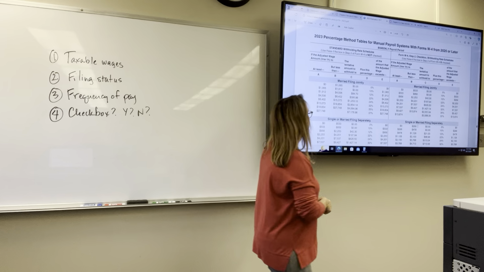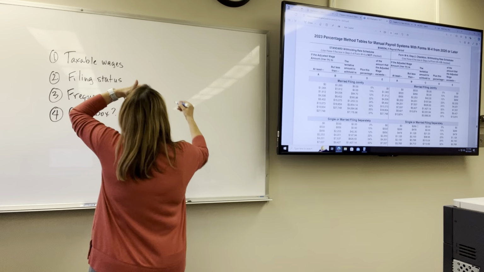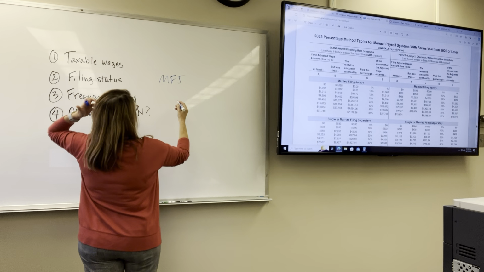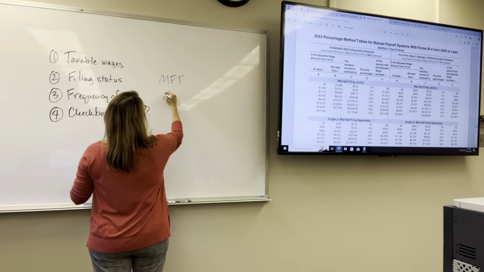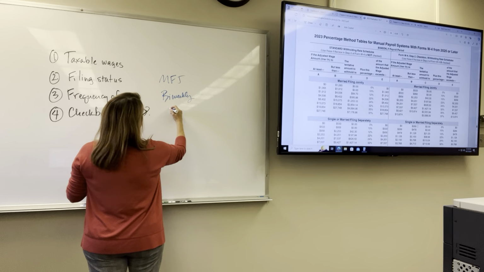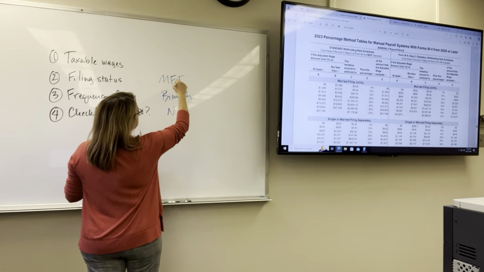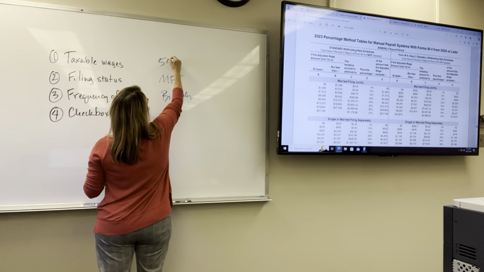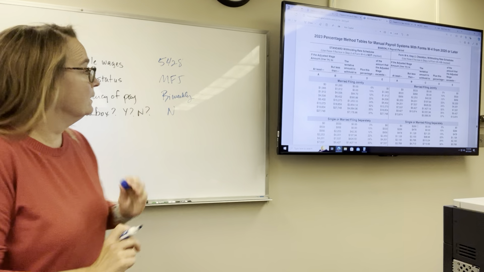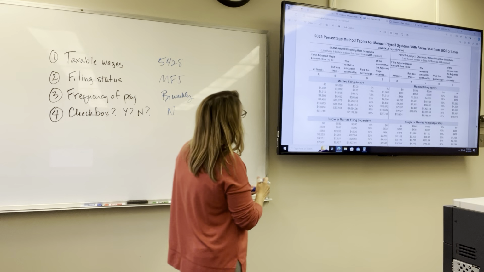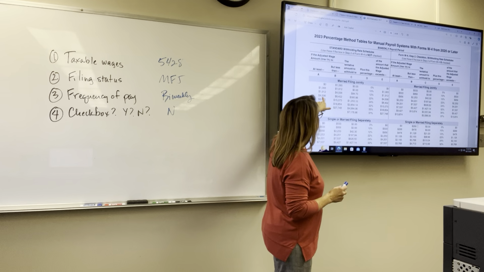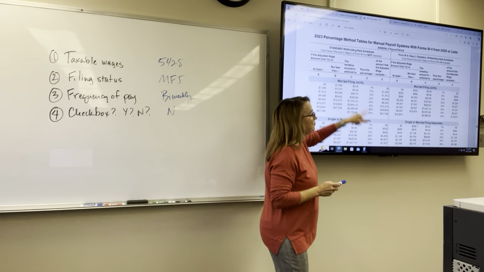Let's do an example. So let's say we've got somebody, we're again married filing jointly. Frequency of pay, what is this, bi-weekly? Checkbox, no. Taxable wages are $54.28. All right, $54.28 is at least $45.06, but less than $84.02.